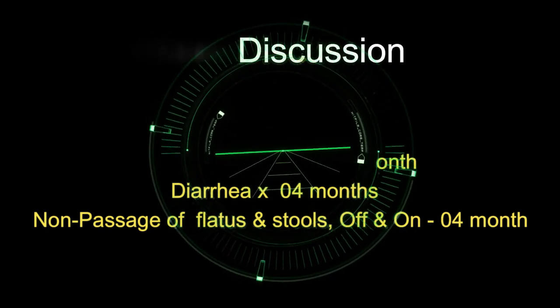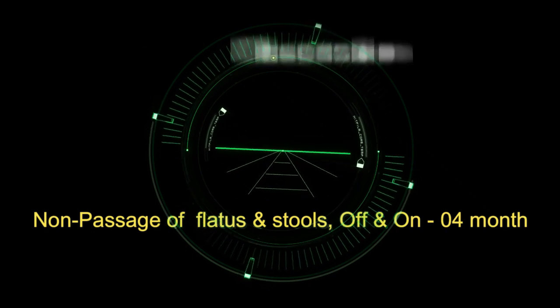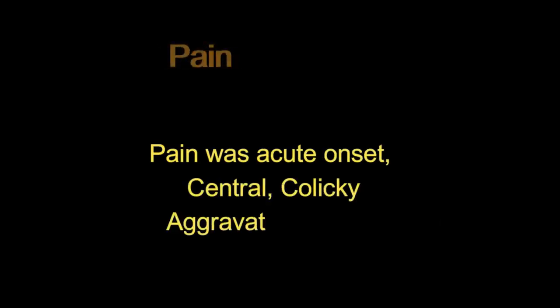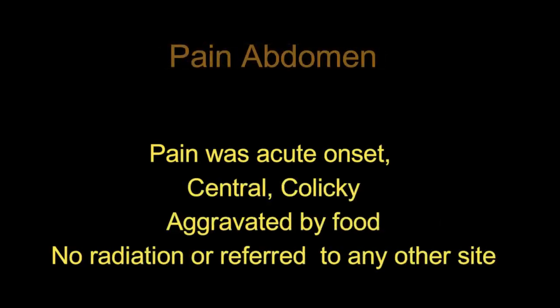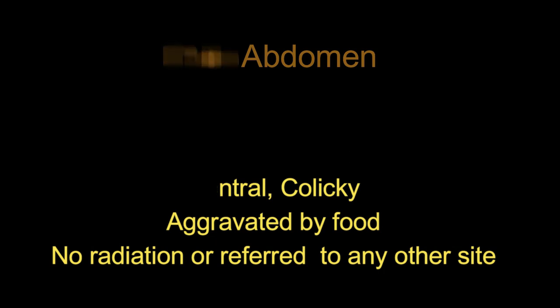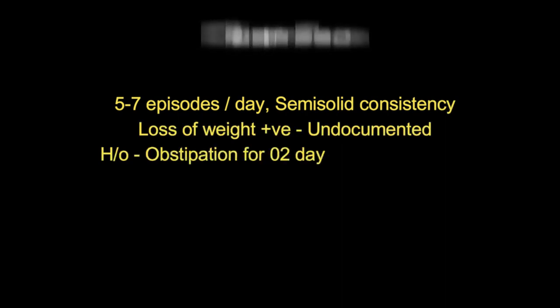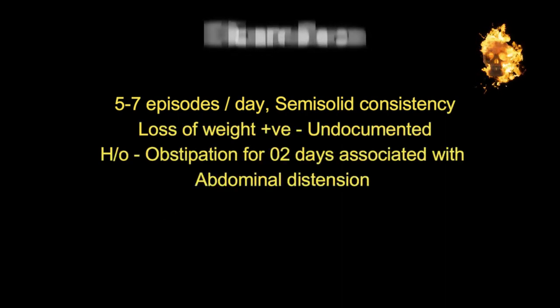So the main presentation is pain in abdomen, diarrhea and intermittent obstipation for the last 4 to 5 months. The pain was acute in onset, located in the central abdomen, colicky in nature and used to get aggravated by food. There was no history of any radiation or referral to any other site. He had a history of diarrhea, 5 to 7 episodes per day, semi-solid in consistency.